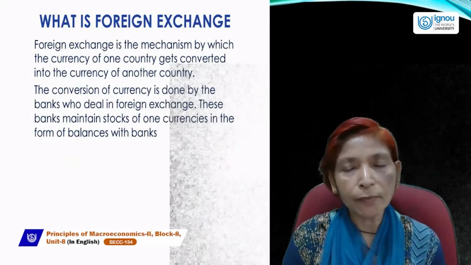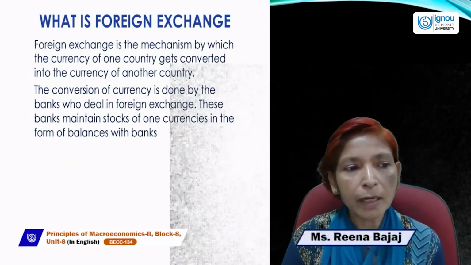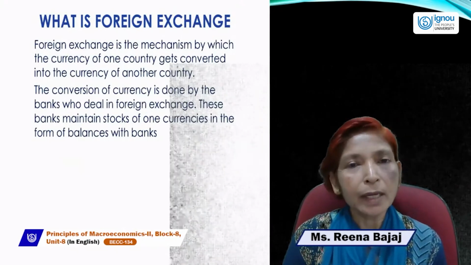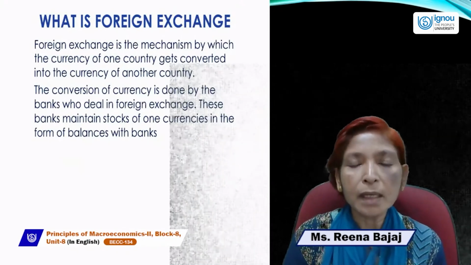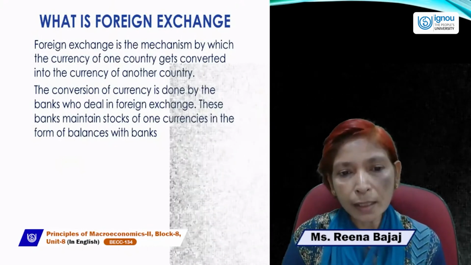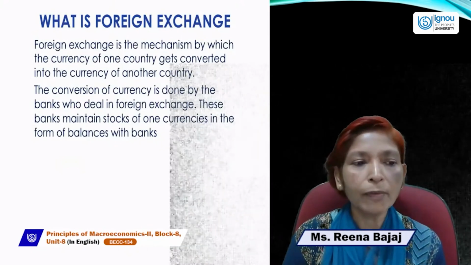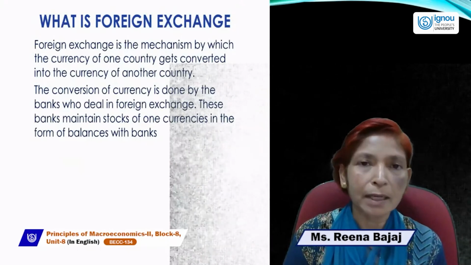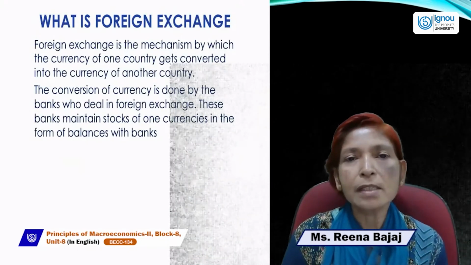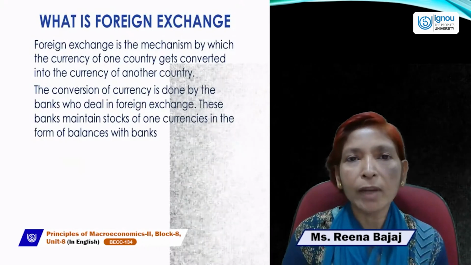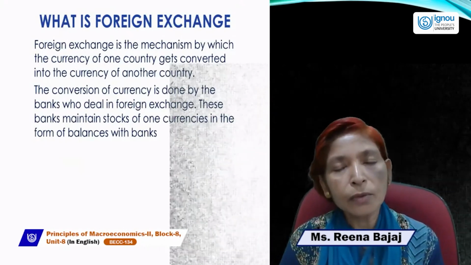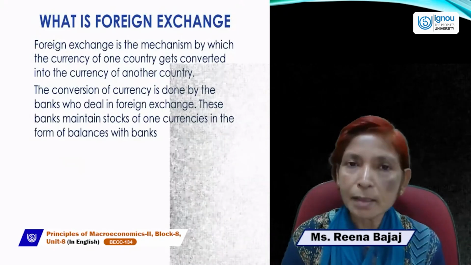The conversion of currency is done by the banks who deal in foreign exchange. These banks maintain stocks of different currencies in the form of balances with banks. So foreign exchange rate is the rate at which we can convert one country's currency into another country's currency.